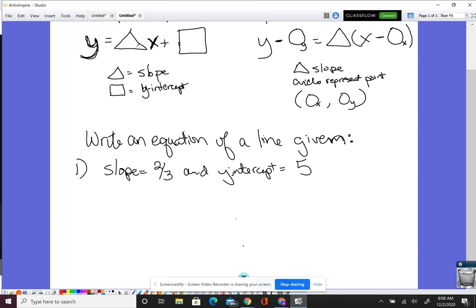So we're going to use the slope-intercept form of the line. And we replace that triangle with what the slope is. And we replace the square with what they tell us is the y-intercept. And they're just asking for an equation of a line. They're not asking us to put it in any special form. So we just leave our answer that way.